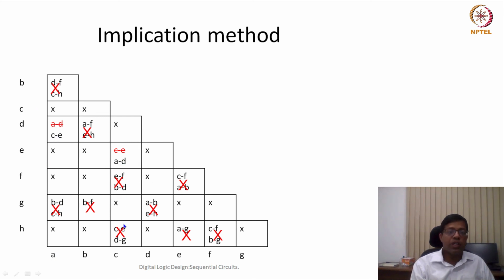If A and D are equivalent, that means C and E are equivalent. So these two conditions support each other, and we can conclude that A is equivalent to D and C is equivalent to E.